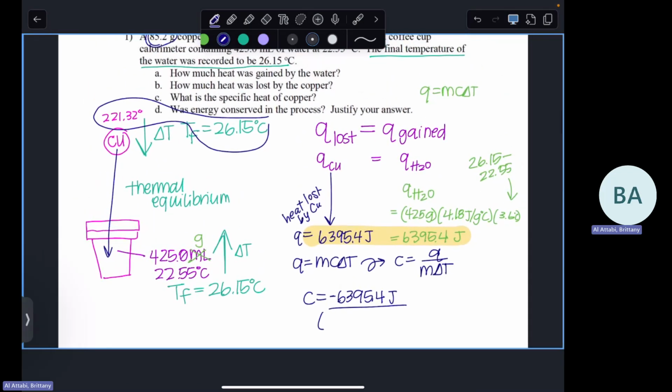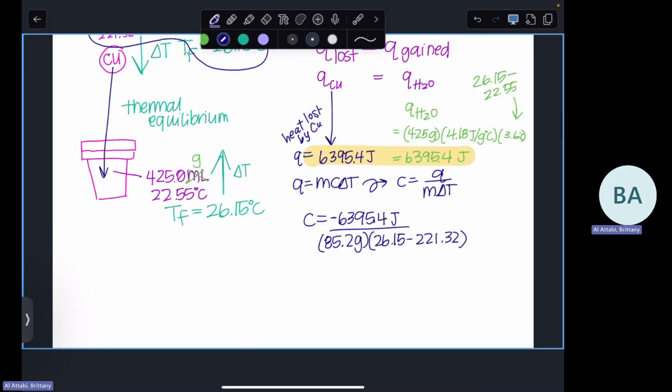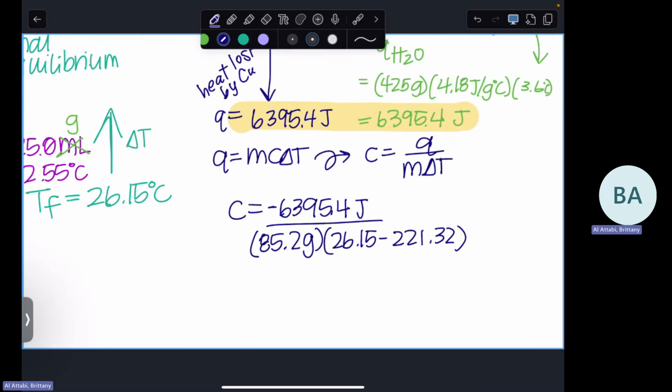M was 85.2, and delta T is 26.15 minus the initial copper temperature. So the specific heat for my copper is 0.385.